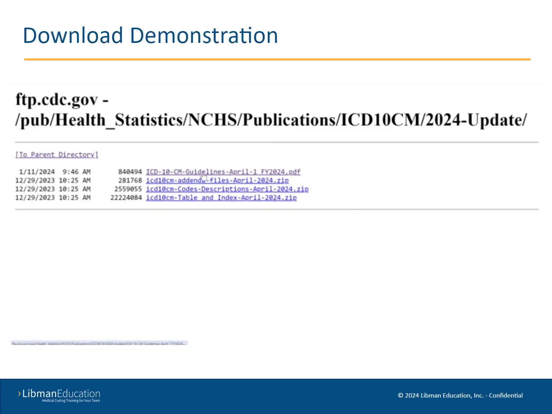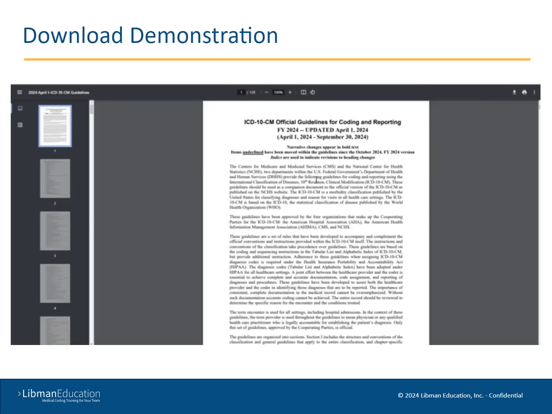We are going to download the guidelines, the addenda, and the table and index. So if you click on the guidelines, they will open up. You can save them to your desktop or another convenient location. I also recommend renaming them to April 1st, 2024 guidelines, so you're not confusing them with the current guidelines that you're using until the end of March.